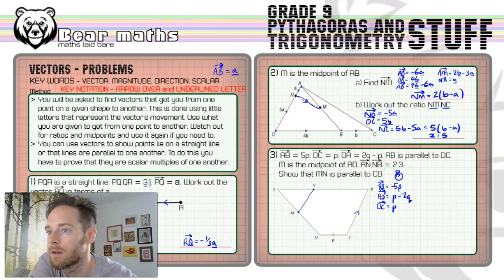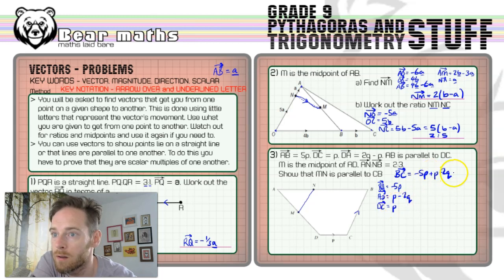I've done a lot of questions correct so far, so I don't want to do the whole video again. But B to C, going from this one to this one, so we've got minus 5p, and then plus p minus 2q, and then plus another p.